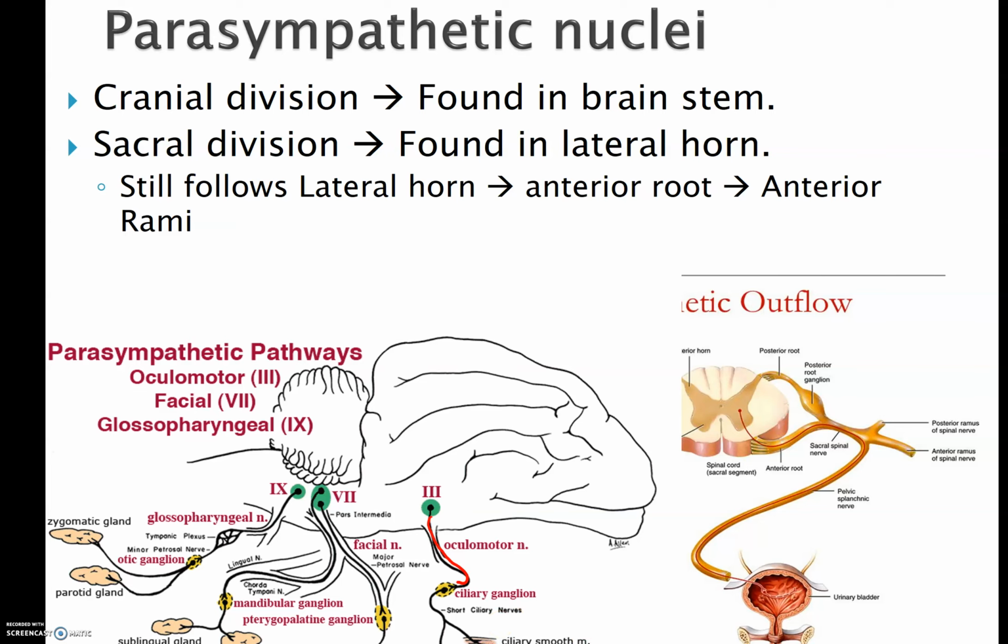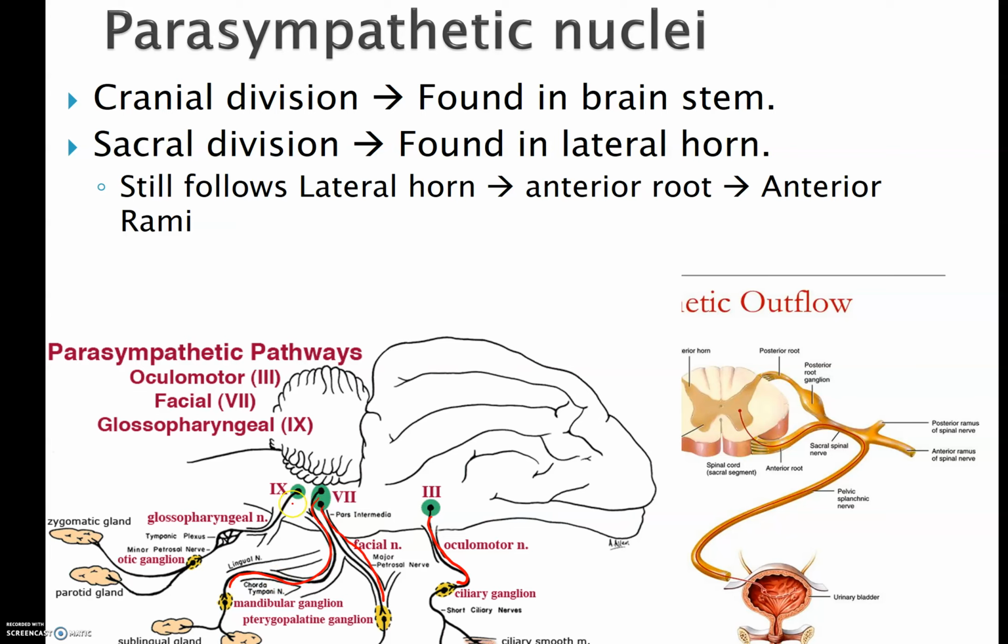The facial nerve, you actually have a couple nuclei from that. One of them goes to the lacrimal glands. So the ganglia is near the lacrimal gland, which causes you to wash your eyeballs. It's the tear duct gland. The other branch goes to the two smaller salivary glands underneath the tongue, so its ganglia is underneath the tongue.